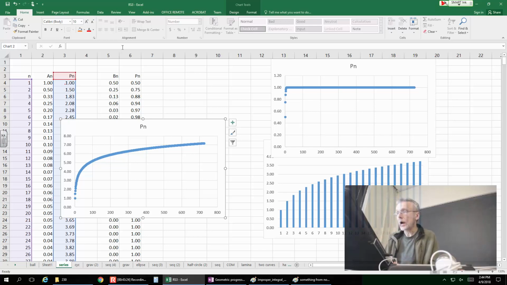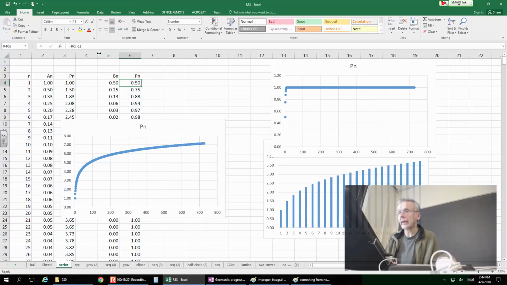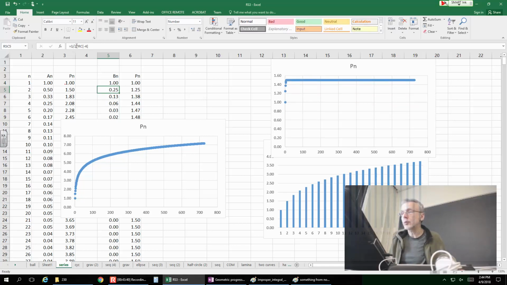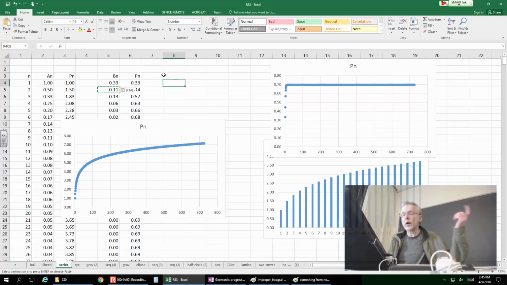If I take this one geometric series and plug in here, I start with 1, and then 1/3, 1/9, and so on.